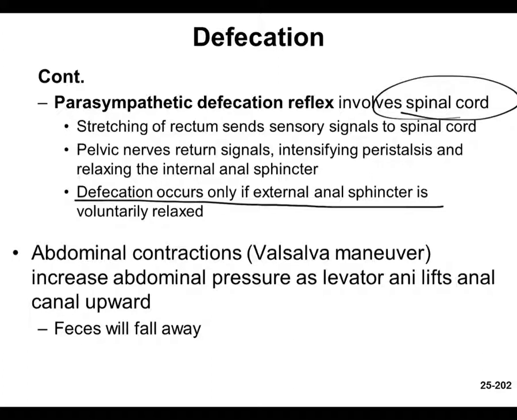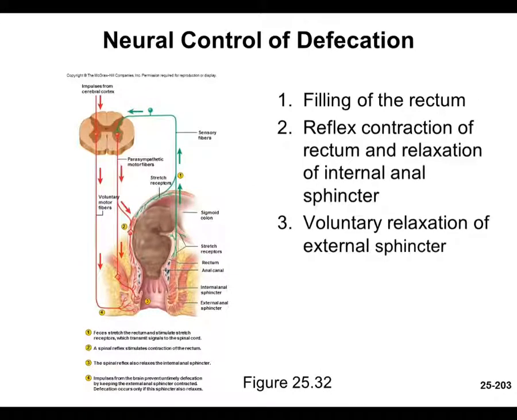You can also, with abdominal contractions, the Valsalva maneuver, help to increase the movement of defecation, and that's by increasing the abdominal pressure and basically lifting the anal canal up, and the feces will then move out of the body more easily. So the neural control of defecation is as follows.